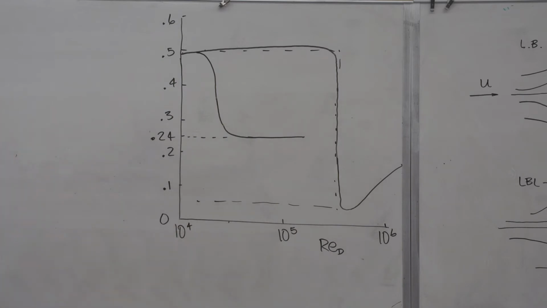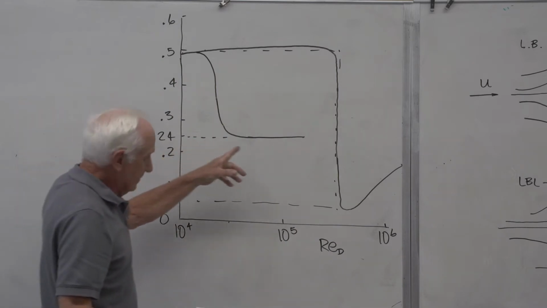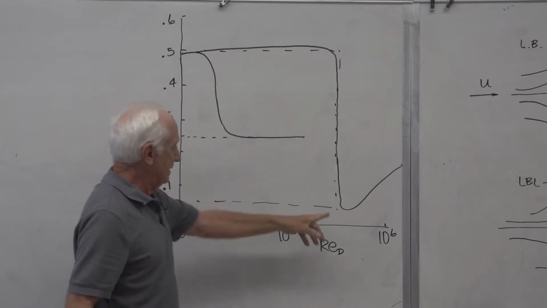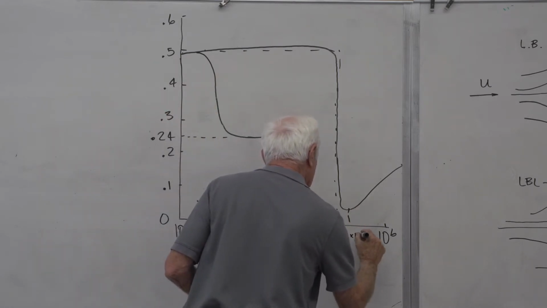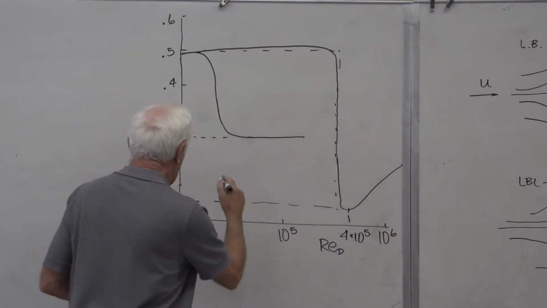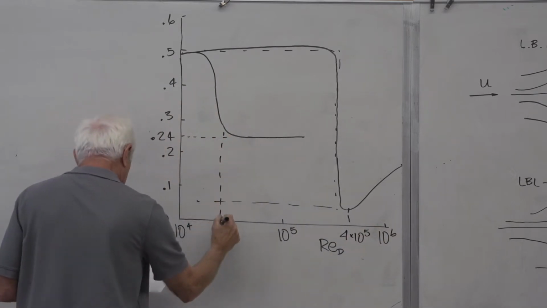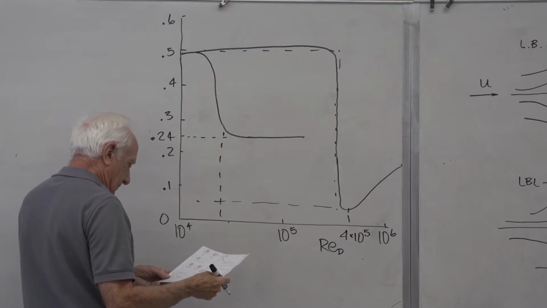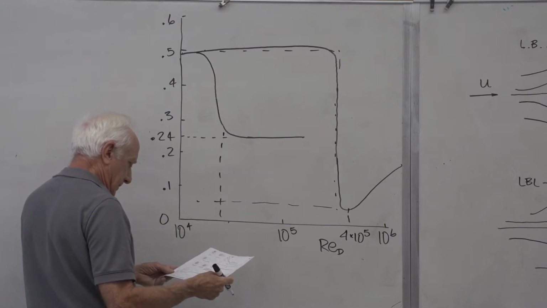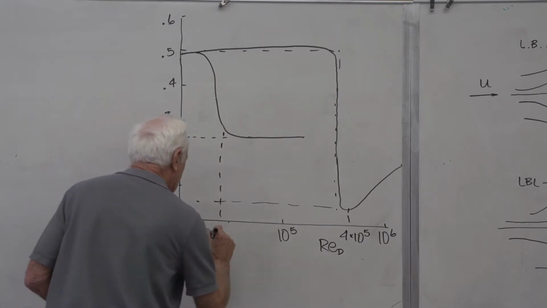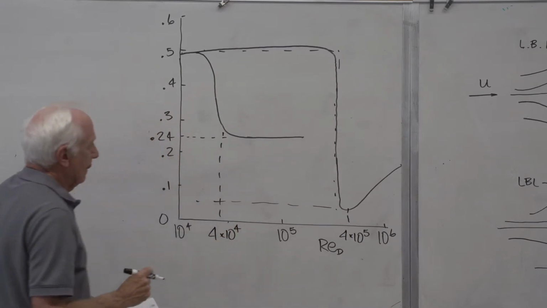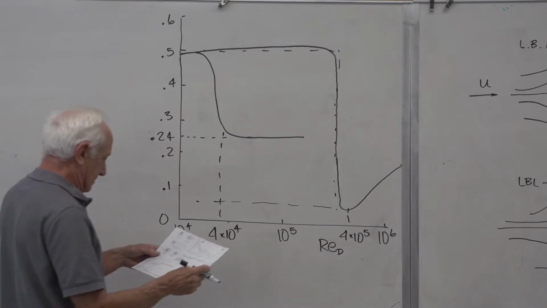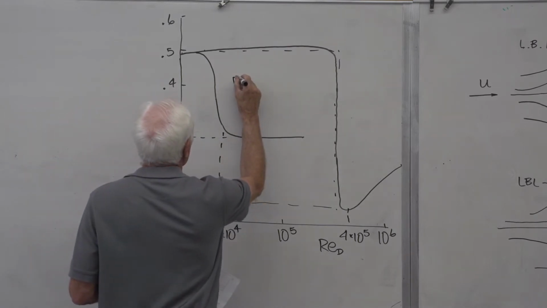What happens is that sudden drop in C sub d, which occurred here at about 4 times 10 to the 5th, now occurs down here at roughly 4 times 10 to the 4th. So this is rough.